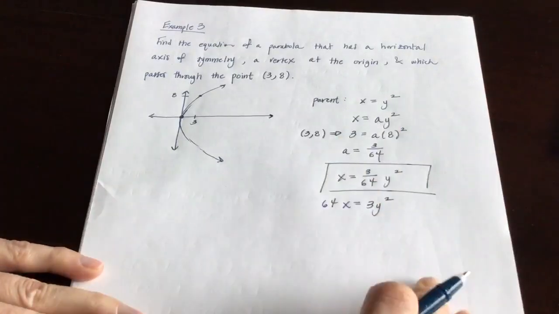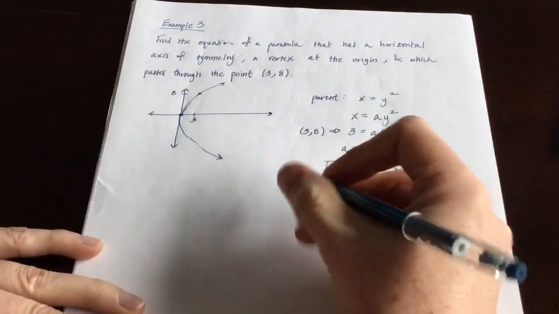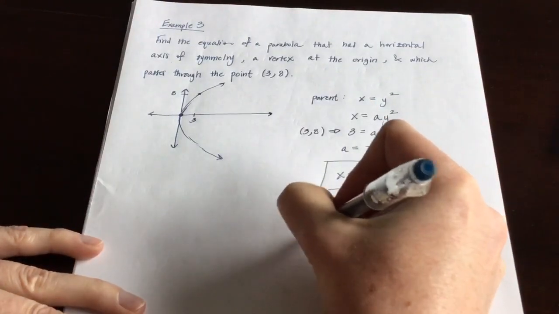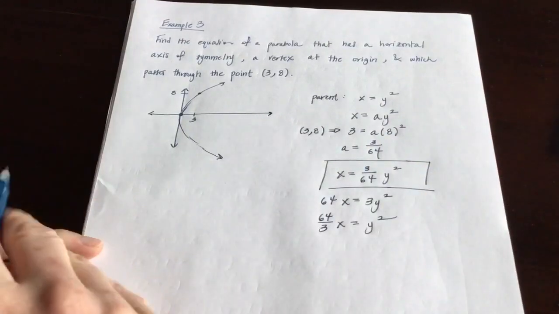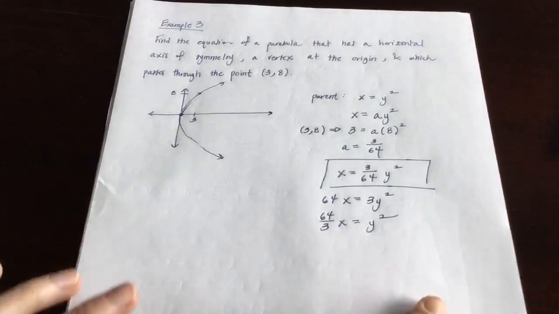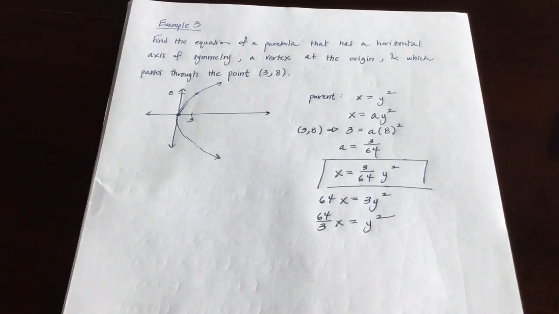I hope you'd know it's equivalent to yours. And they could have divided the 3 over, so another version of your answer would be maybe that guy right there. But I hope that when you check your answers in the back, if they're not exactly the same as your answers, that you at least manipulate them algebraically to make sure that you've got it.